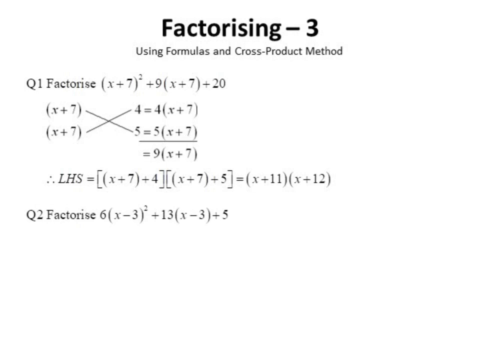Question 2. Factorize 6(x − 3)² + 13(x − 3) + 5. This question is a similar type to the previous one. As explained just now, we do not need to expand the parentheses and then combine the like terms.